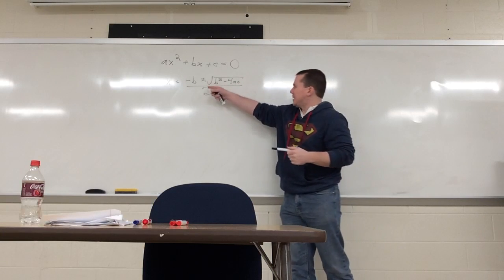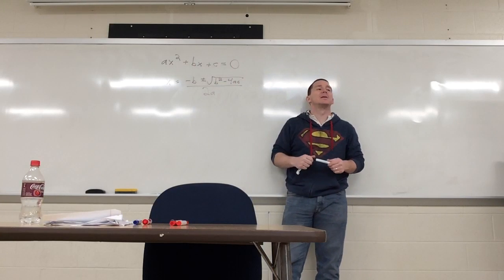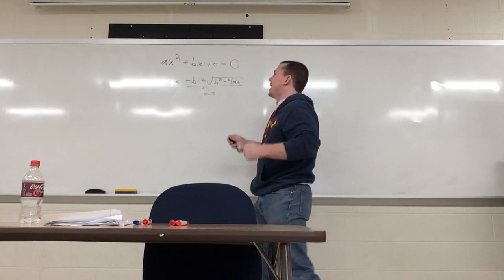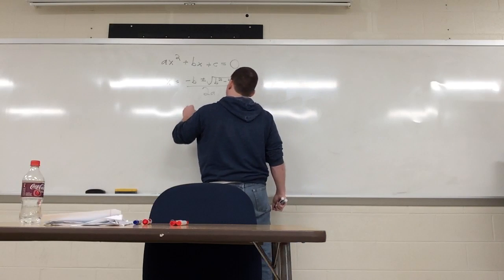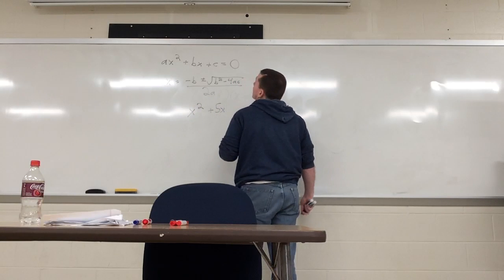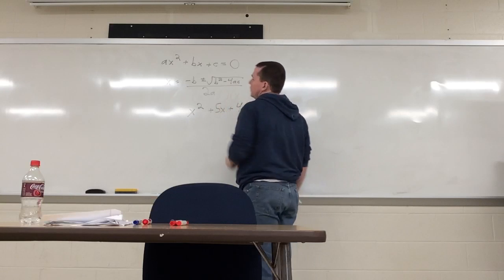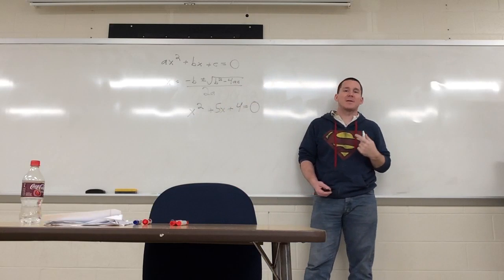And all of you know that this a, this b, and that c refer to the a, the b, and the c up here in your equation, right? Good. Then solve this one. Solve it using the quadratic formula.